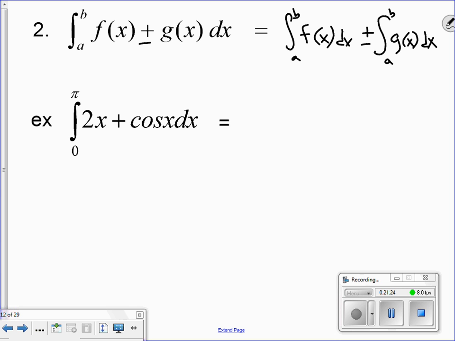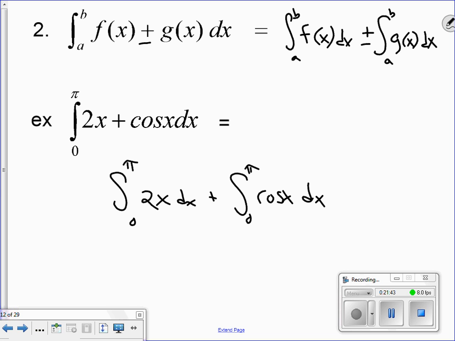So like with this one, if you wanted to, I think it would be more time consuming, but you could take the antiderivative of 2x from 0 to pi and add the definite integral from 0 to pi of cosine of x. You know when this helps you? Like on the AP exam, sometimes they'll tell you the definite integral of one of them.